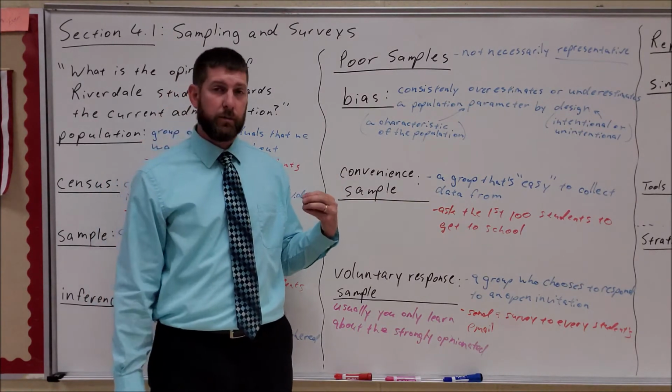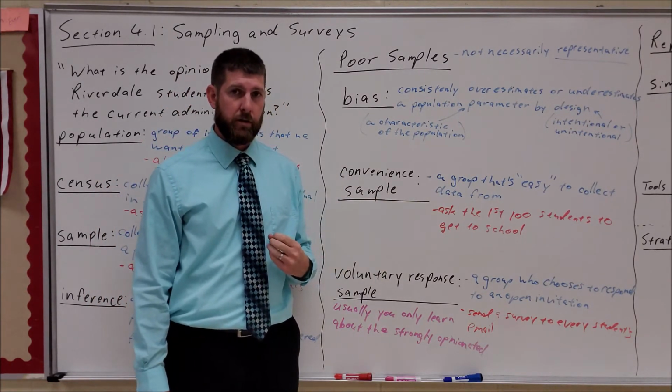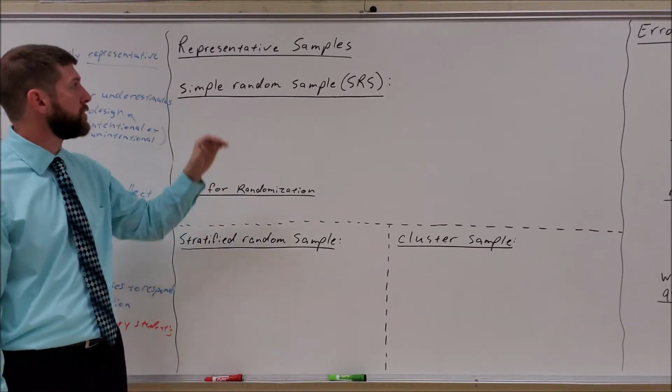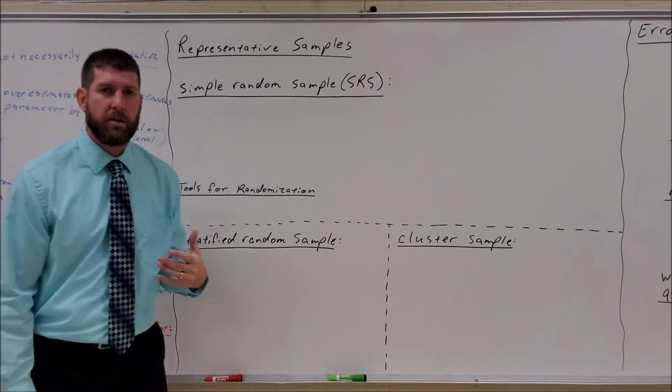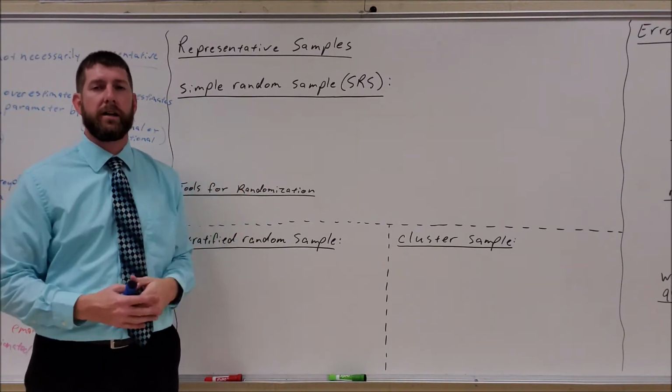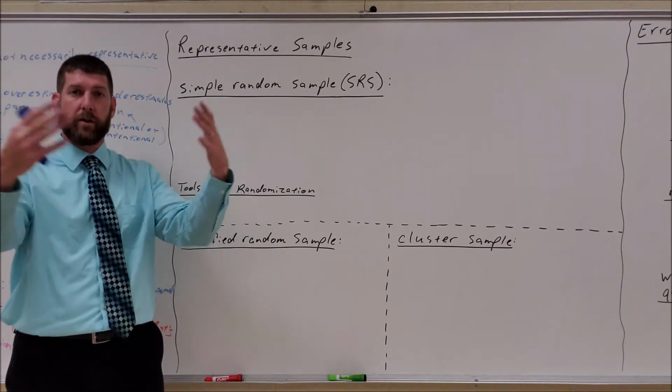And now let's talk about some representative samples. Okay, so we've talked about non-representative or poor samples. Let's look at representative samples. As before, represent means it is going to show or display what's going on for the bigger group, right?